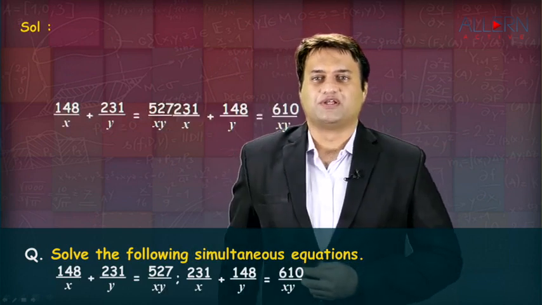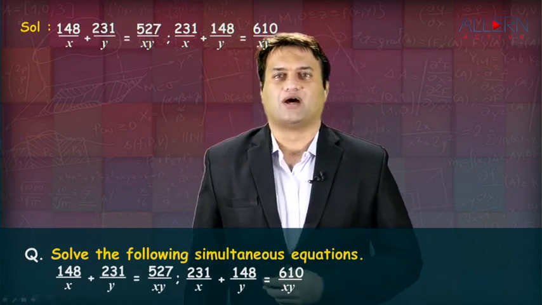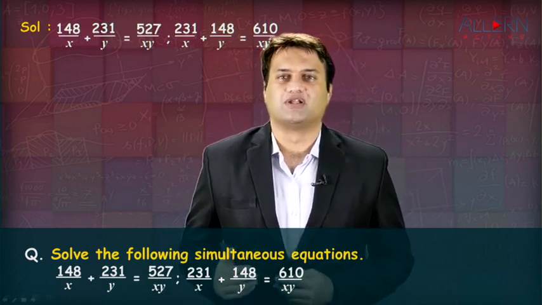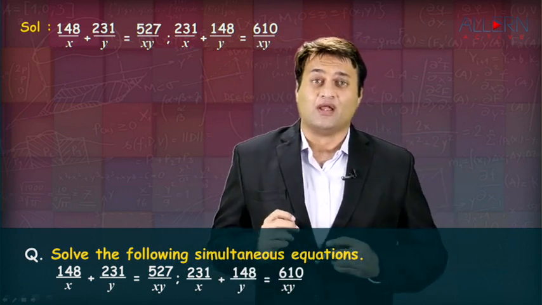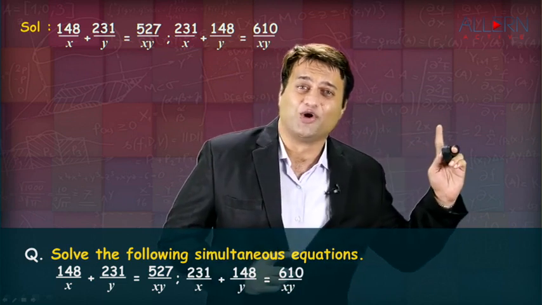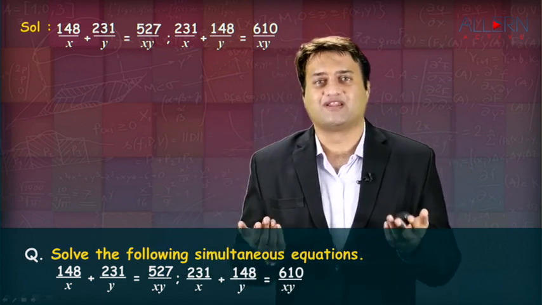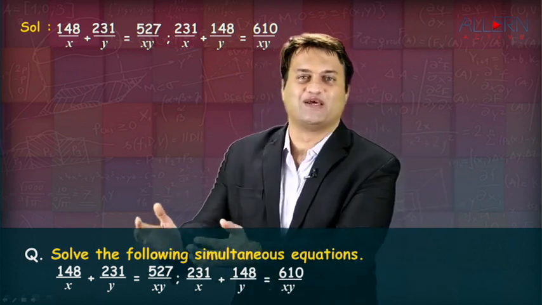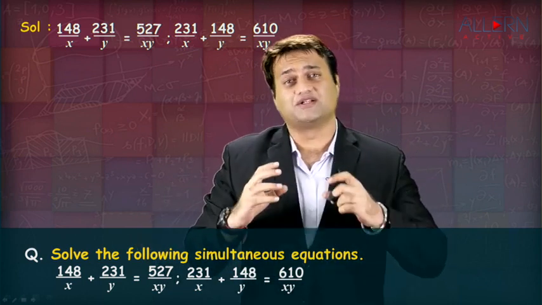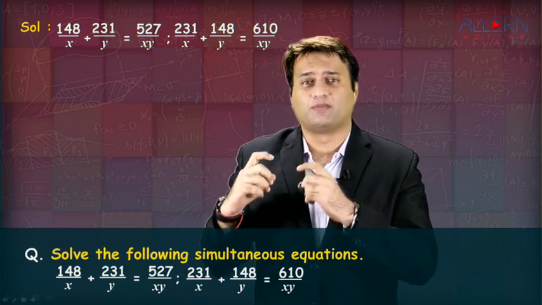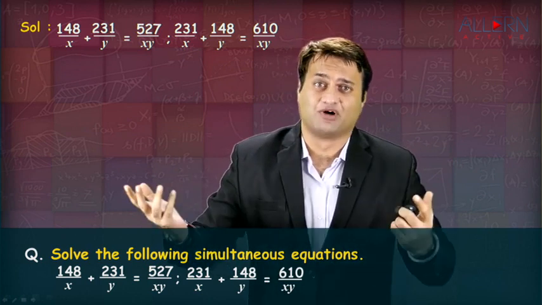The first equation given to us is 148 upon x plus 231 upon y is equal to 527 upon xy. Now when we were dealing with numbers in the denominator, we learned that whenever there are denominators, we multiply throughout by the LCM, right? Now here also, let us try to multiply throughout by the LCM and see whether it works or not.